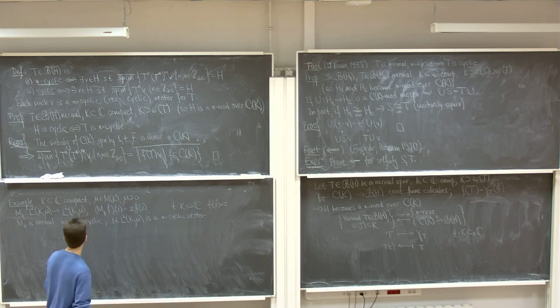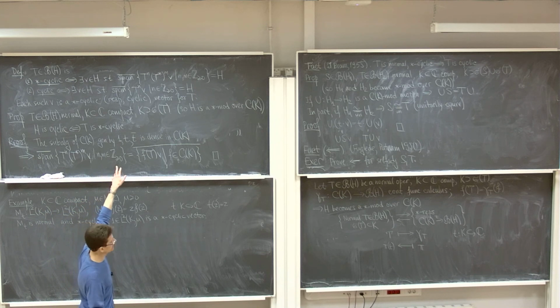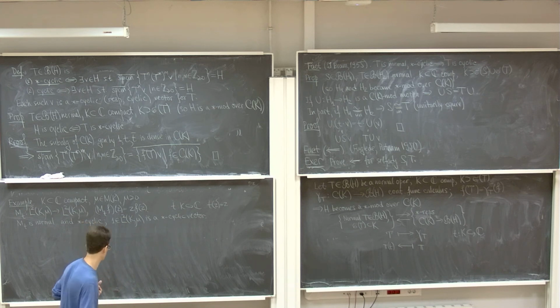This follows immediately from the definition of a star cyclic operator, because the subspace, before we take a closure, will be just the space of all polynomials in t and t bar, which is dense in the algebra of continuous functions, and the algebra of continuous functions is dense in L2. So the closure is the whole L2 space, and so this is a star cyclic vector.